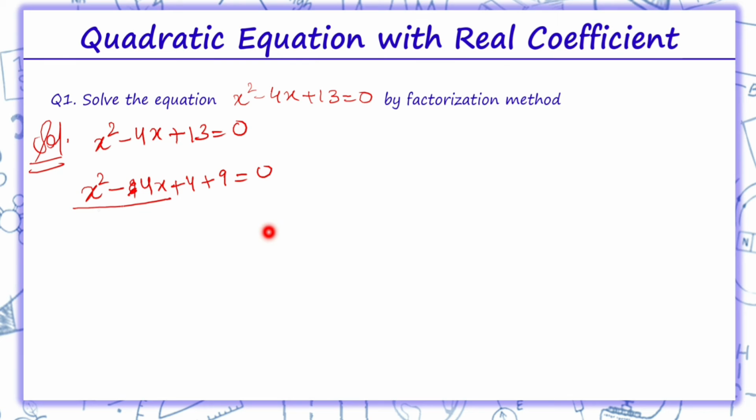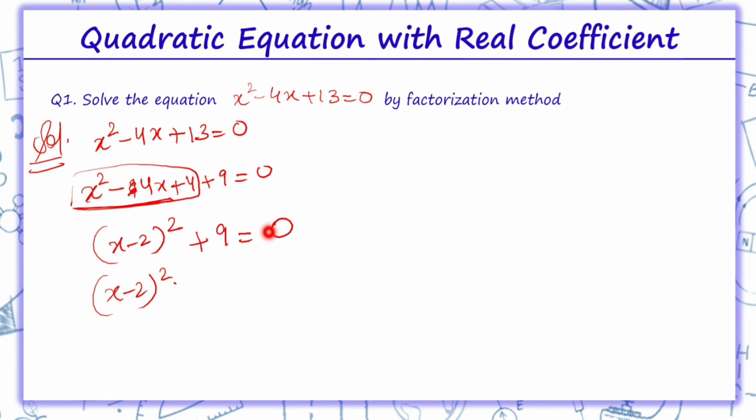Coming on, we'll basically see this part. So over here x² - 4x + 4 can be written as (x - 2)² and plus 9 equals 0. So this 9 will shift to that side, (x - 2)² = -9. So when I remove this square, over here I will get ±√-9.